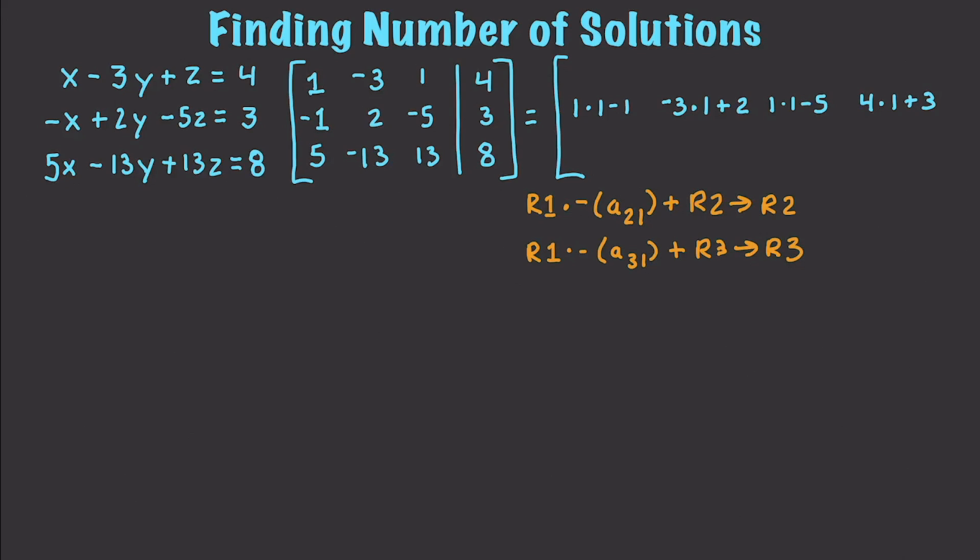On the third row, we're going to have 1 times -5 plus 5. And -3 times -5 minus 13. 1 times -5 plus 13. And then finally 4 times -5 plus 8. And of course, across the top row, nothing changes because I didn't perform any calculations up there. And this is 1 and this is 4.